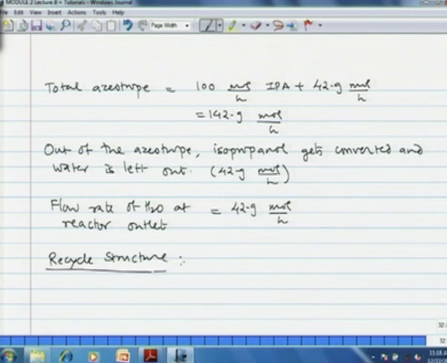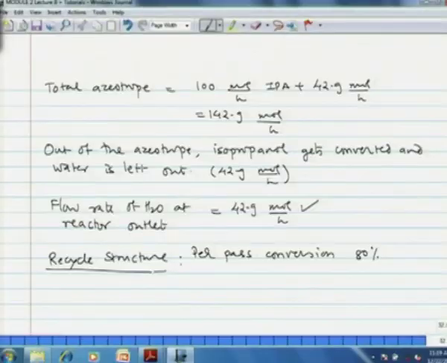The per pass conversion in the reactor is 80%. Okay. Therefore, there will be IPA unconverted. Now, that IPA will contain excess water, which is this 42.9 mole per hour. Before recycling, we have to remove this water.